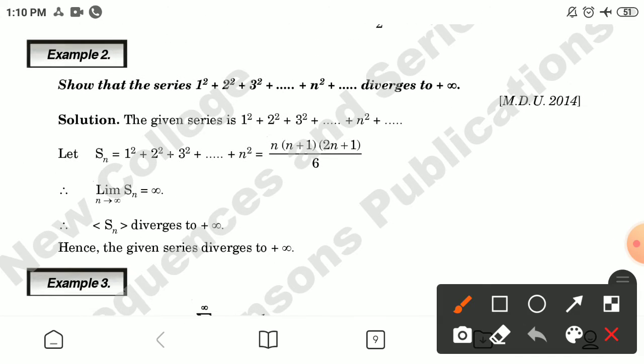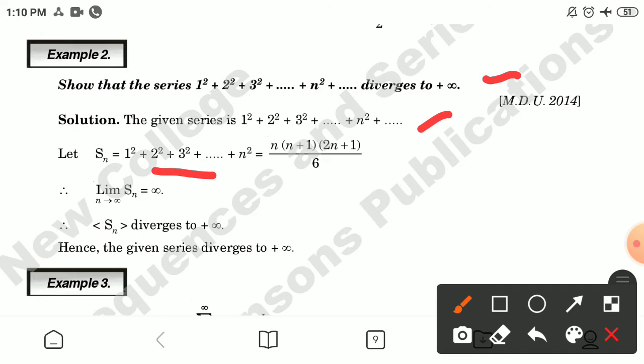Now next example. Show that the series 1 square plus 2 square plus 3 square plus so on plus n square plus so on diverges to infinity. The given series is this one. Let Sn be the sum of its first n terms, which is the sum of squares of the first n natural numbers.